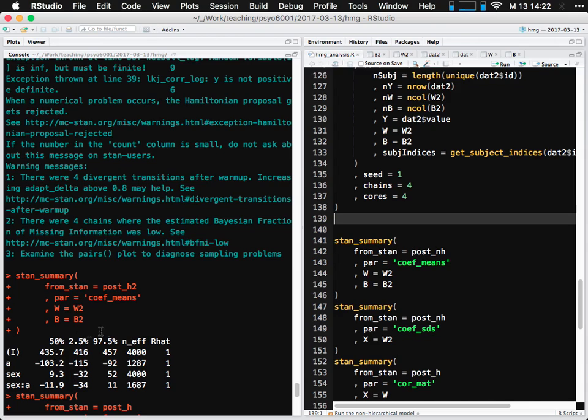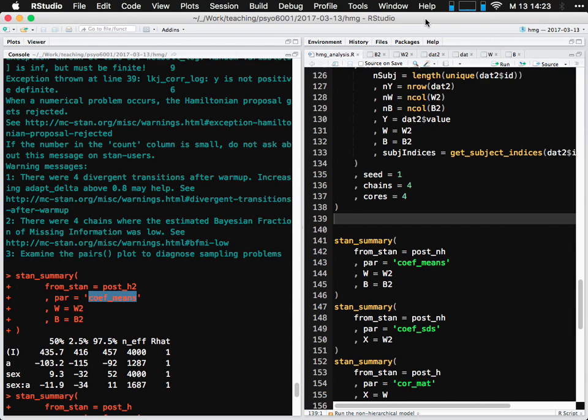Now, the coefficient means didn't change. So if you're only interested in main effects, or only whether an effect happened or not, and you don't care about how reliable that effect is from one person to another, or how much variability in the population there is in that effect, then you can go ahead and use just the standard repeated measures. However, if you are interested in reliability or the consistency with which a given effect manifests from one person to another, and your data is hierarchical, you want to actually model it as hierarchical.